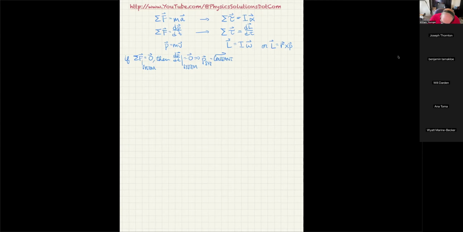Now that you know that, can someone tell me under what conditions would angular momentum be conserved? So here's my big question.